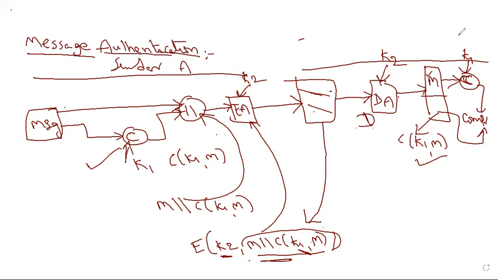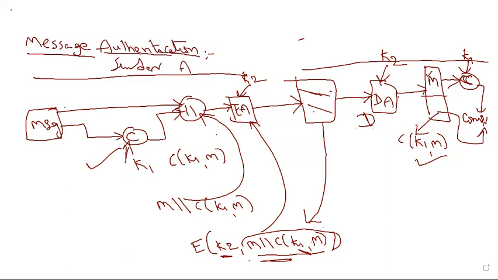So the first, second, and third configurations are very important. In the first configuration, there is only authentication, there is no confidentiality. But the second and third configurations produce confidentiality because the receiver is also using a secret key. The second configuration produces confidentiality and authentication, but authentication is tied with ciphertext, because we generate the code after encrypting.